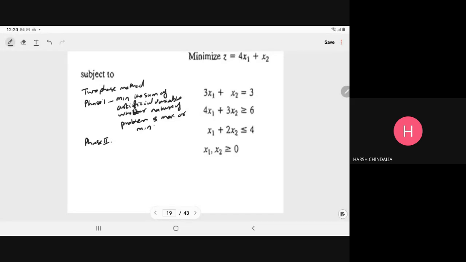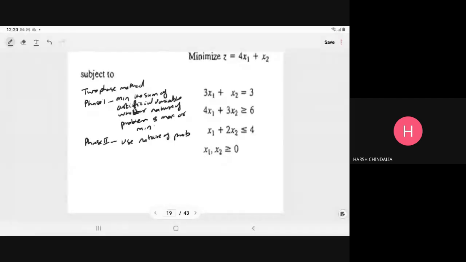In phase 2, we use the nature of the problem. Means if the problem is of maximization, then solve accordingly. If the problem is of minimization, then solve accordingly. So that is the two-phase method.